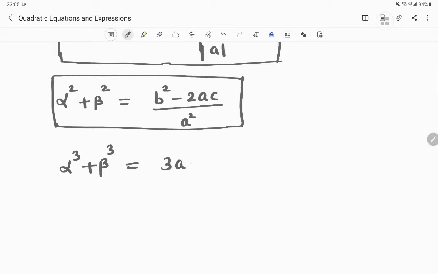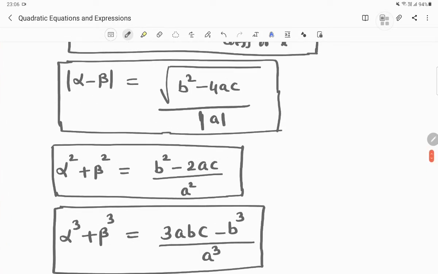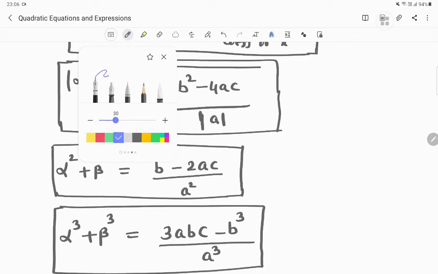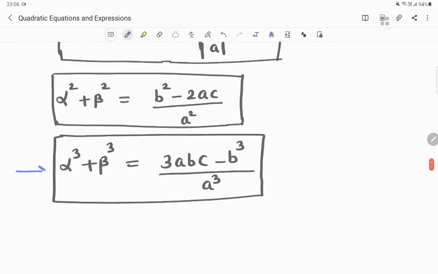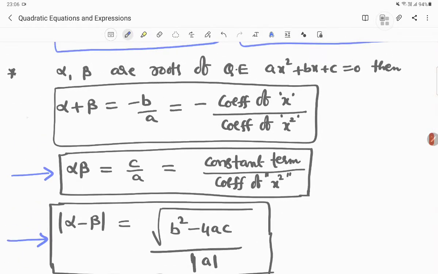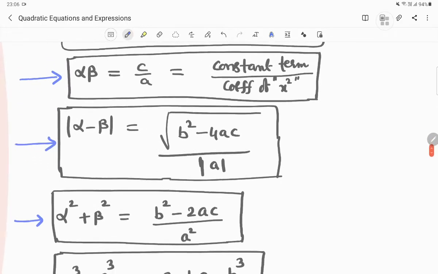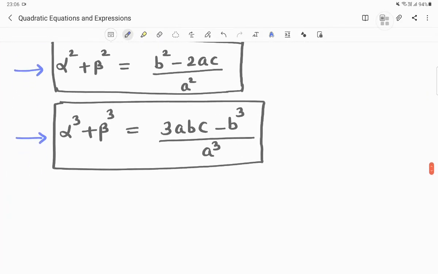You will get alpha cube plus beta cube as 3abc minus b cube divided by a cube. So these are the formulas you have to remember, point by point. These are the 5 important points: alpha plus beta, alpha beta, mod alpha minus beta, alpha square plus beta square, alpha cube plus beta cube.